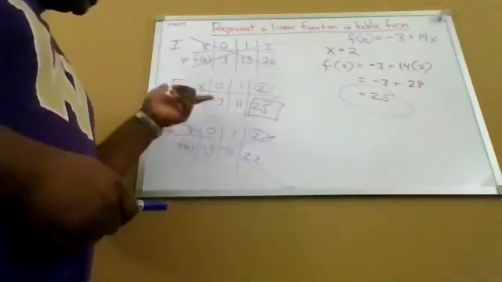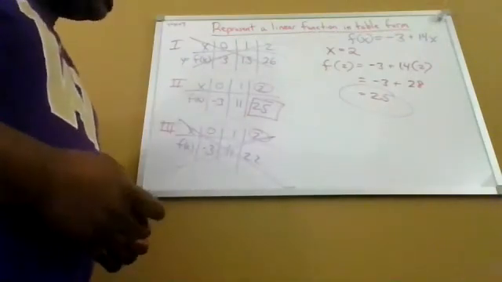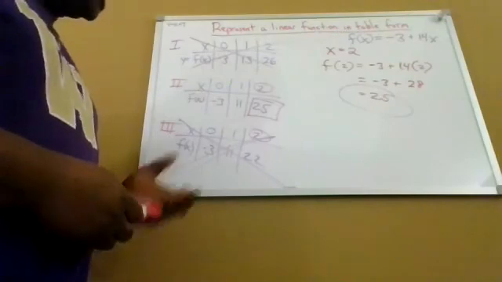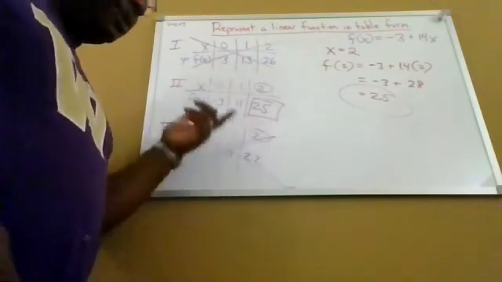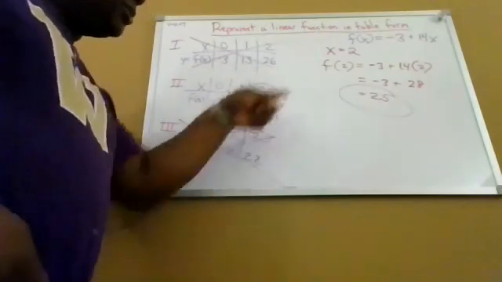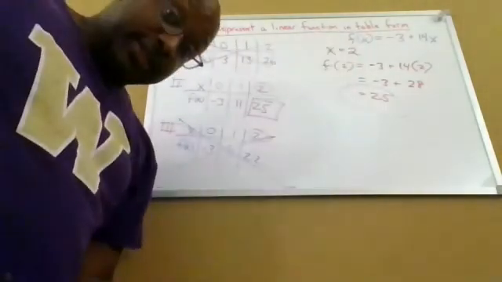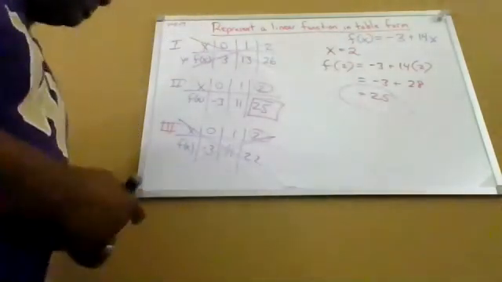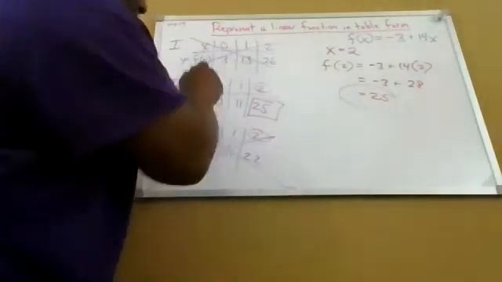So the question here was to identify which table contains data that could be used to graph that equation, which is actually the equation of a line. Well, the table is table 2.